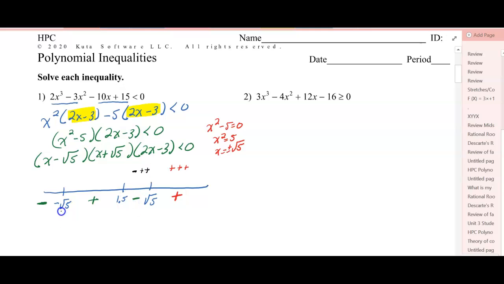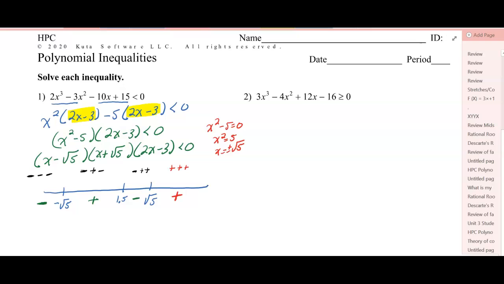If you pick a number between negative root 5 and 1.5, say 0: negative, positive, negative, so the result is positive. Likewise, to the left of negative root 5, say negative 10: negative, negative, negative, so the result is negative.